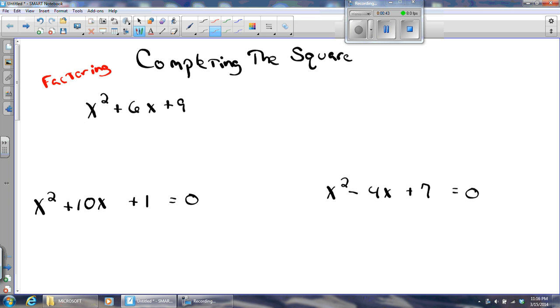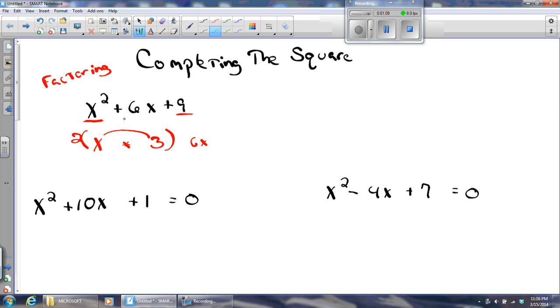Remember that the first term must be a perfect square, and you take the square root and you get x, right? This last term must be a perfect square. Take the square root. Now, if you multiply these two square roots together, then double the answer, it's going to be 6x.